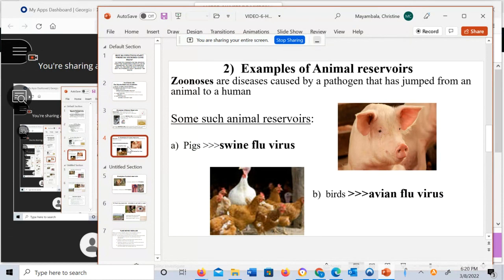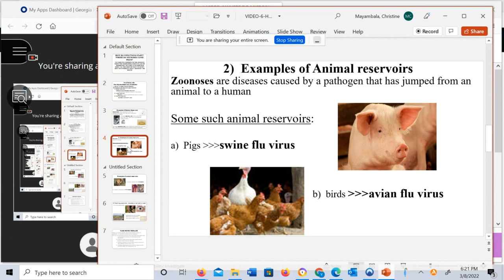Slide 4 gives examples of animal reservoirs. And here I give a few examples of zoonoses, or diseases that can be caused by pathogens coming from other animals. The pig is a major one. That is where pathogens like the swine flu virus can live normally in the pig, but if it jumps from the pig, from pork, to humans, then it can cause problems.